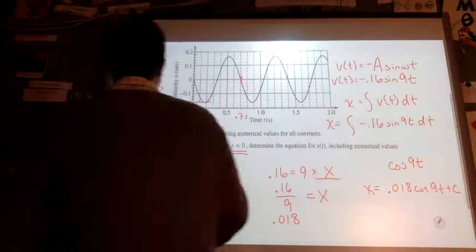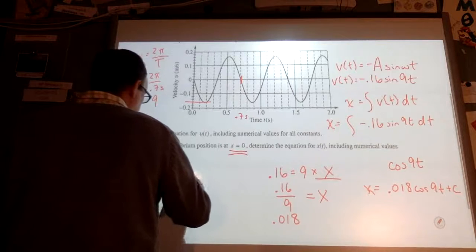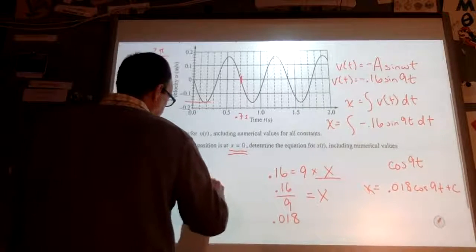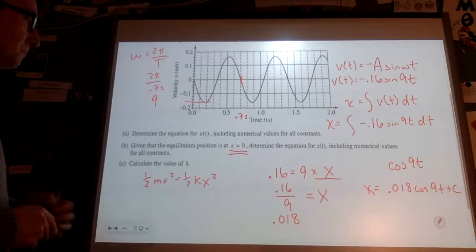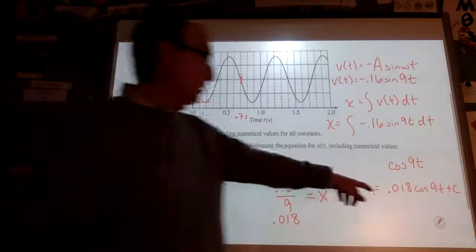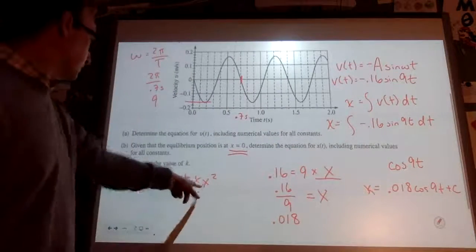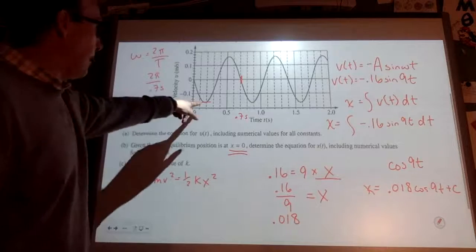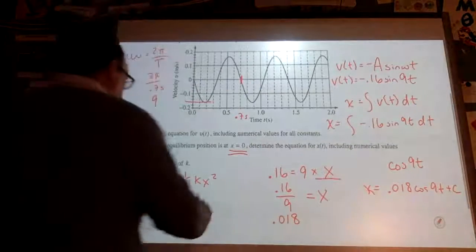All right, calculate the value of k. So looking at our velocity, I can say that 1/2 mv squared would be 1/2 kx squared. And our x function will give us the amplitude for x. Our velocity graph will give us the maximum velocity.